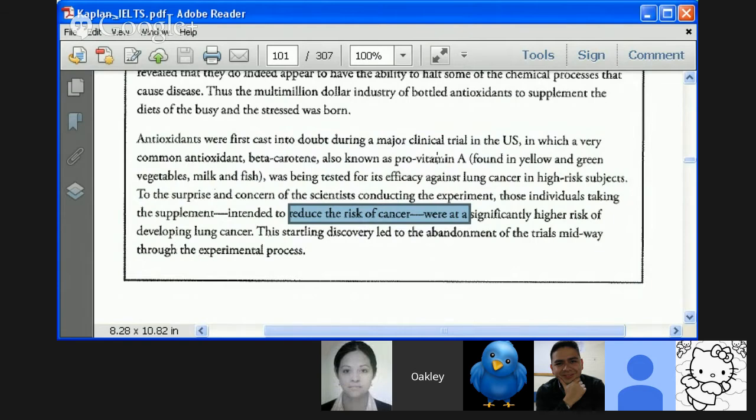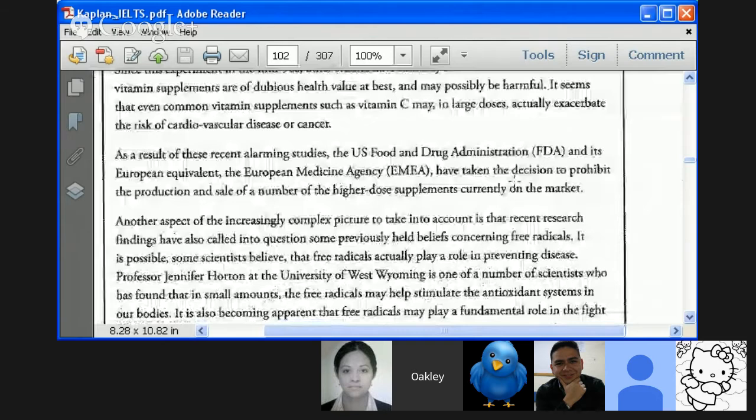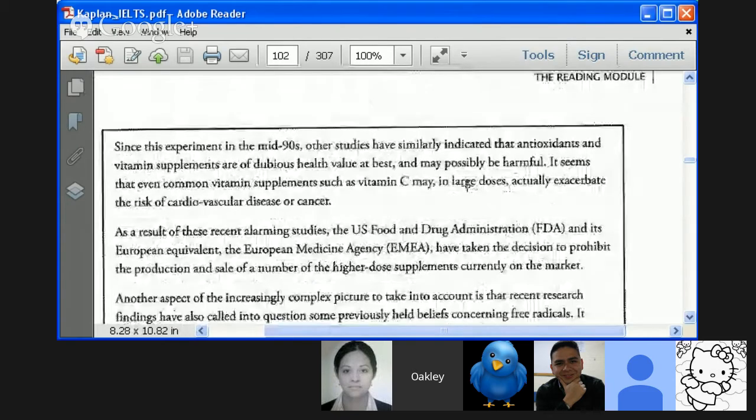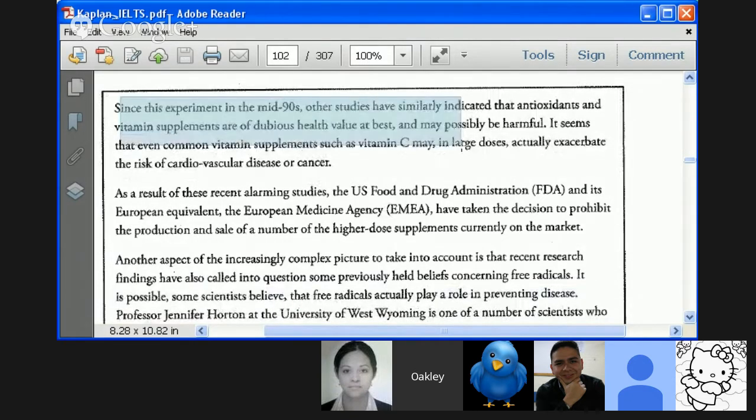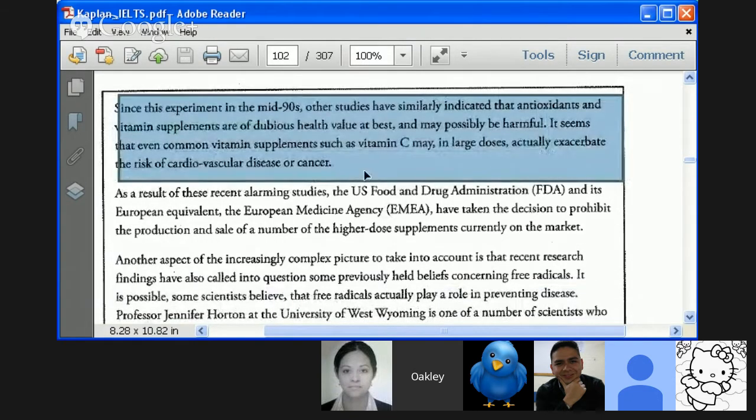Okay, so third paragraph, vitamin A. I may be wrong in my assumption about what the paragraph is about, but I'm just trying to get a vague idea of the layout of the reading passage so I can find things easier.